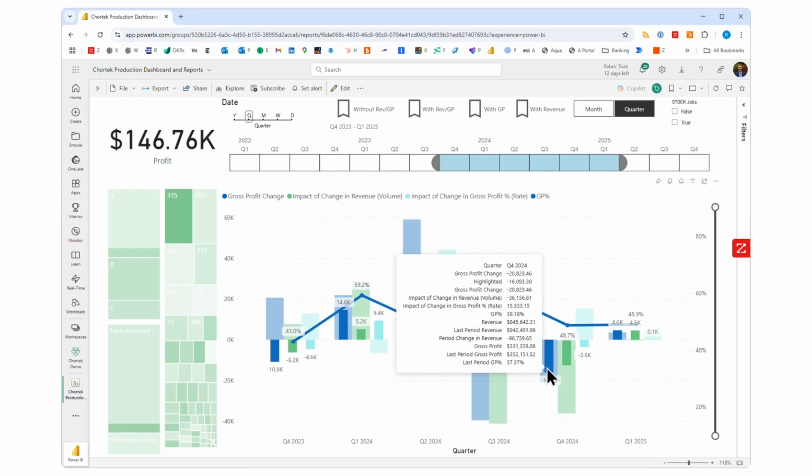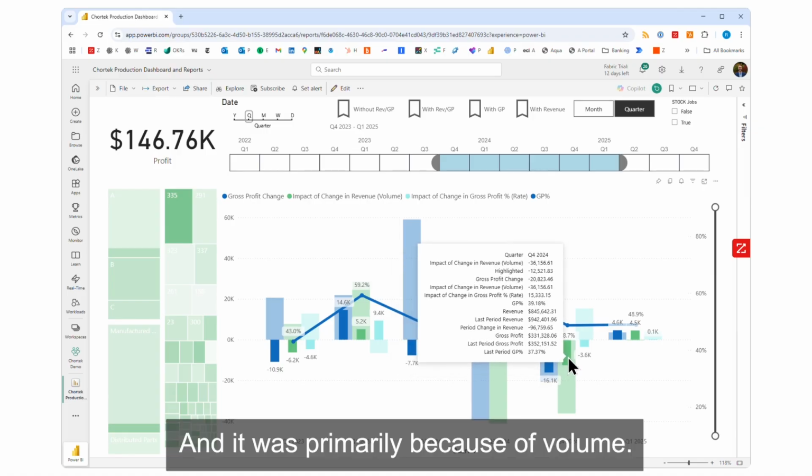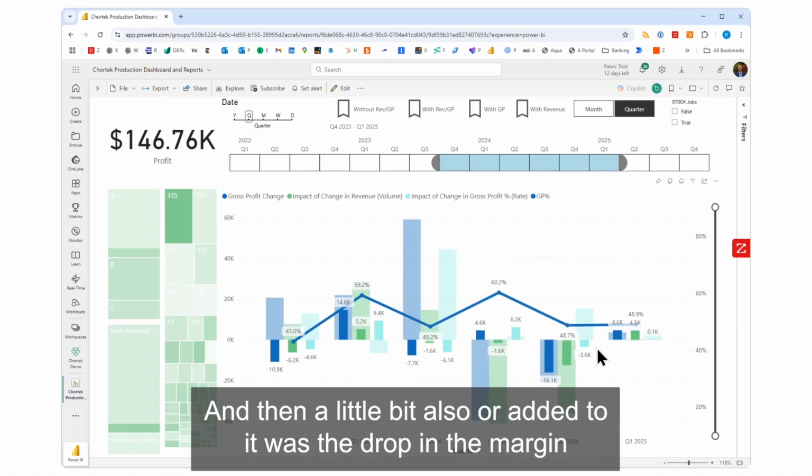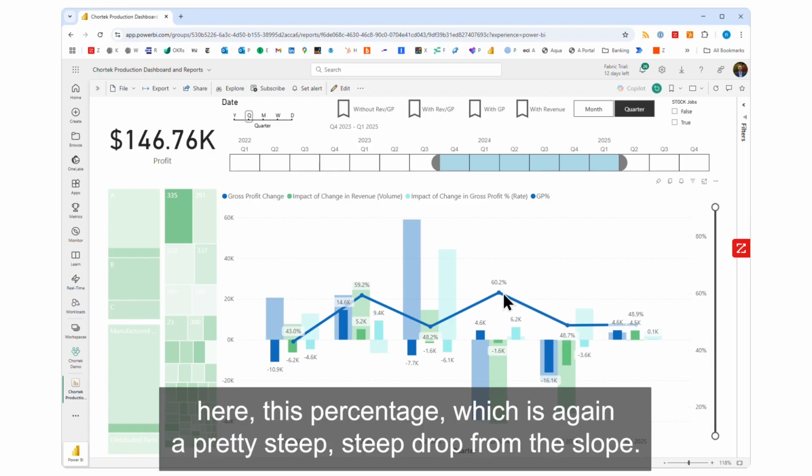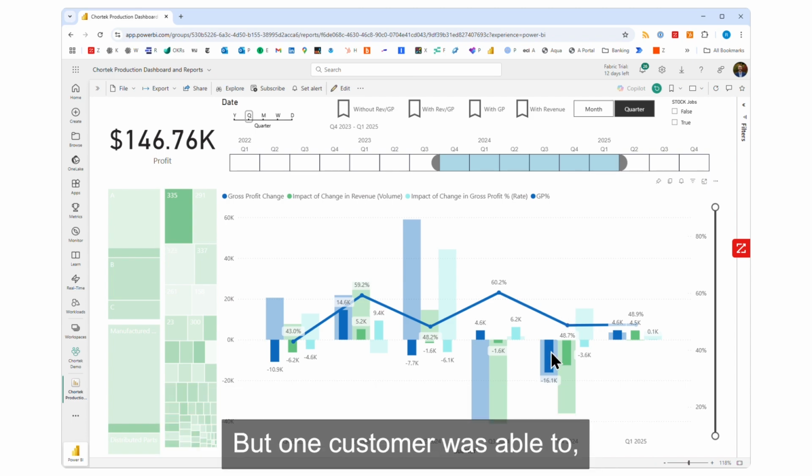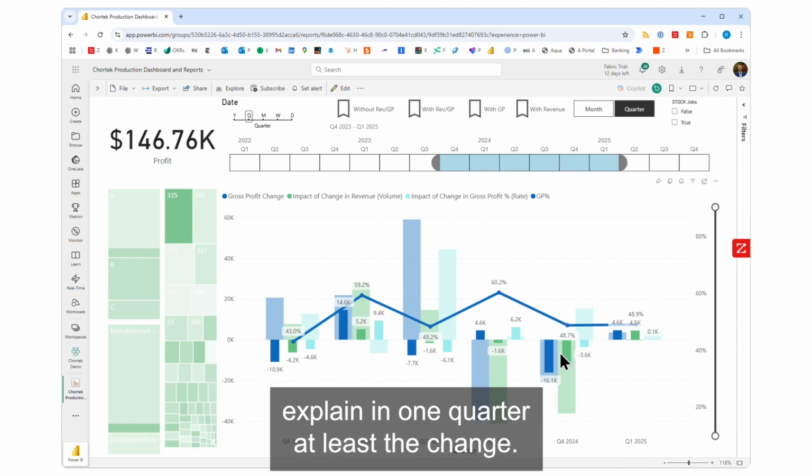That drop was primarily because of volume, and then a little bit also added to it was the drop in the margin here, this percentage, which is again a pretty steep drop from the slope. But one customer was able to explain, in one quarter at least, the change.